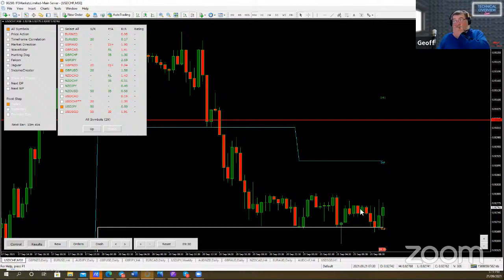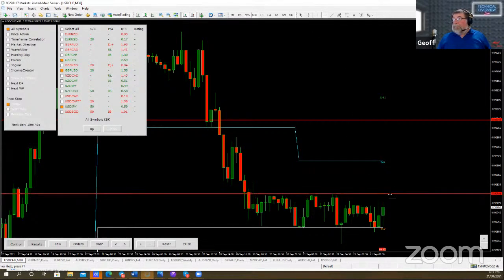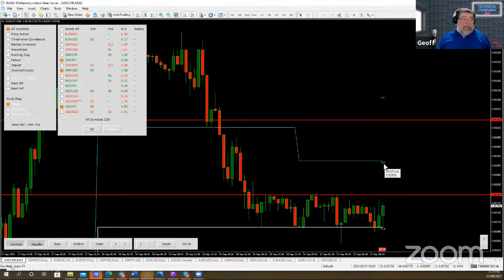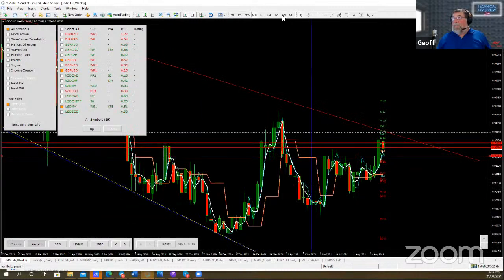Like I said before, you can use a horizontal level. So if this level were to break and price, let's say, went to the daily pivot, which is one of my favorite plays, and then came back underneath that level and retested it, then I can go short, which is the bias, right? Until we get above that area there.